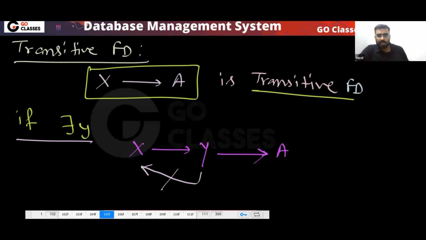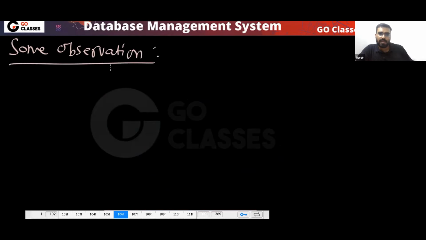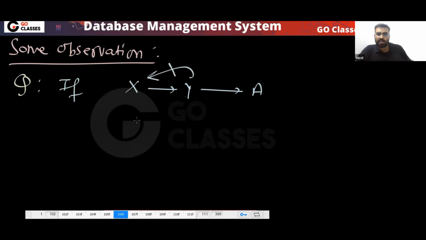Okay. Now, some observations. Can A determine X? Like if X is determining Y is determining A, and Y is not determining X, then can A determine X?